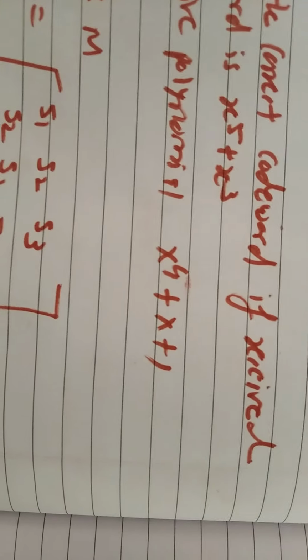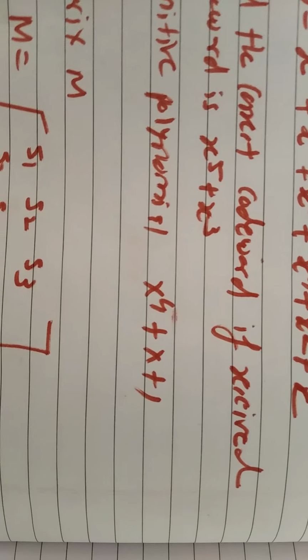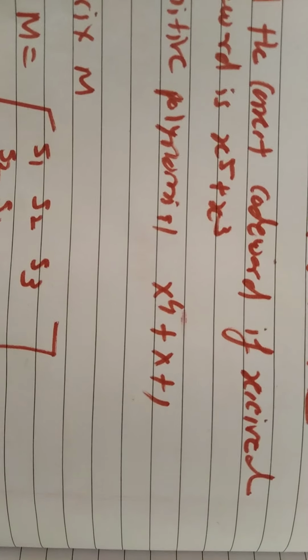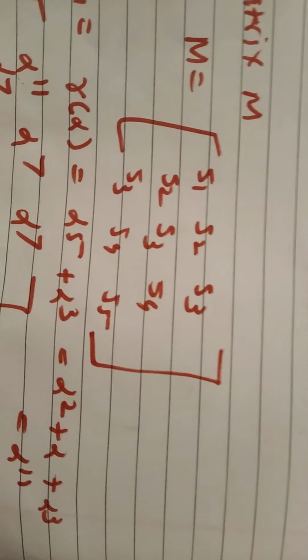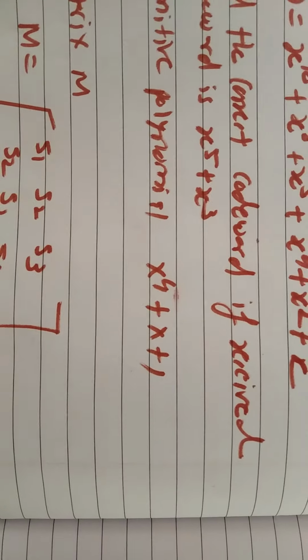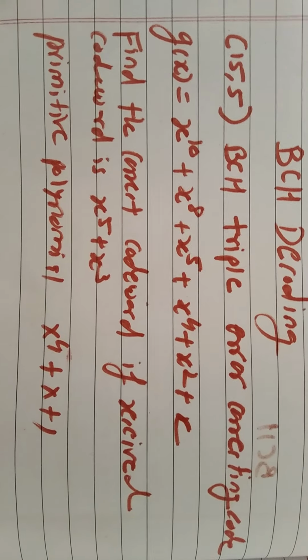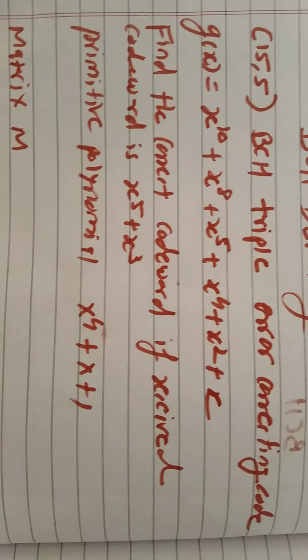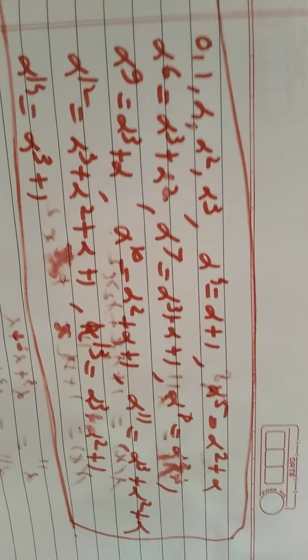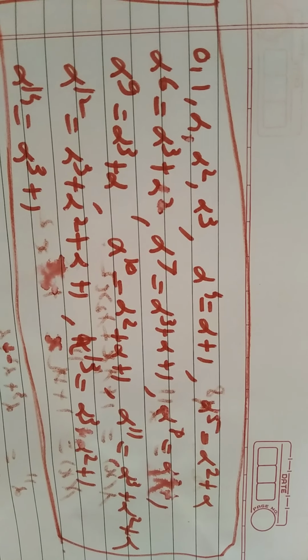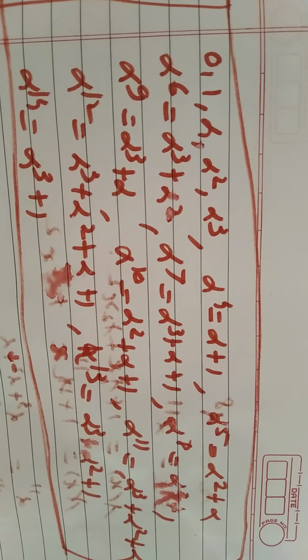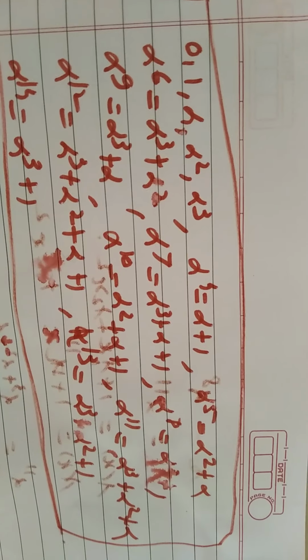Now this is a Galois field 16. You have to use the elements from the Galois field 16 because it is a 15,5 BCH code. So for that you have to use this table. All this you might have studied in cyclic codes or Galois field calculations.